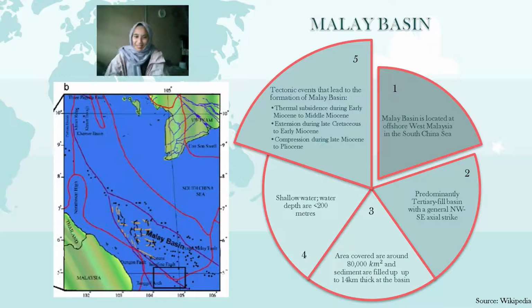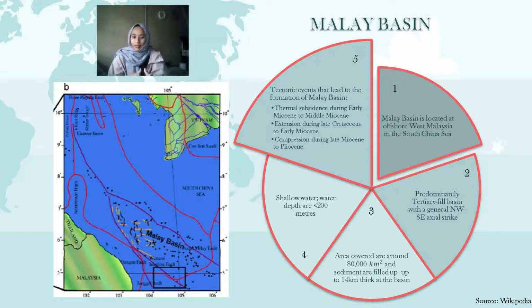Hi, my name is Aina, and I'll be the first to explain about Malay Basin, or we can say the origin of the Bundy Field. Malay Basin is located at the offshore of West Malaysia, offshore of Terengganu, at the southern part of the Gulf of Thailand, and it is predominantly a tertiary fault basin.